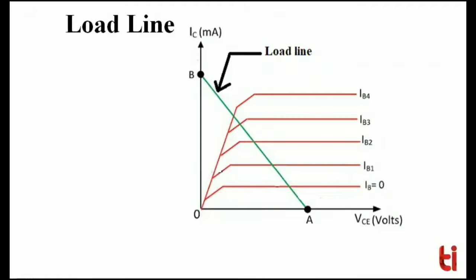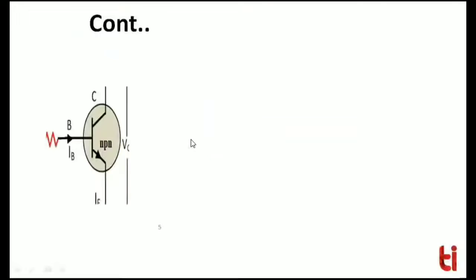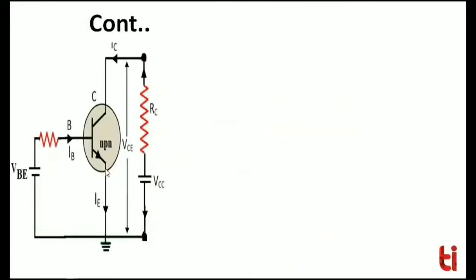For better understanding of a load line, here we considered a common emitter configuration based circuit which consists of a single NPN transistor. In common emitter configuration, as you know, the bipolar junction transistor is biased in such a way that the base to emitter junction is forward biased and the collector to base junction gets reverse biased.